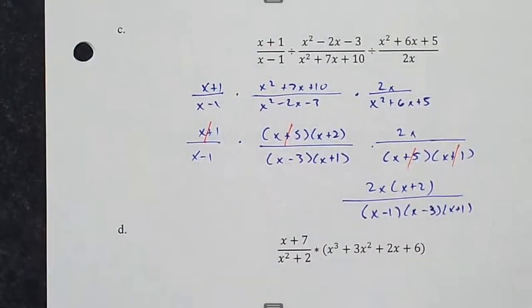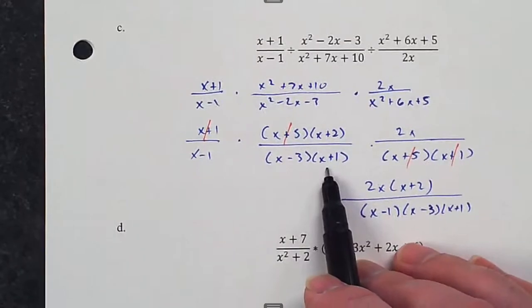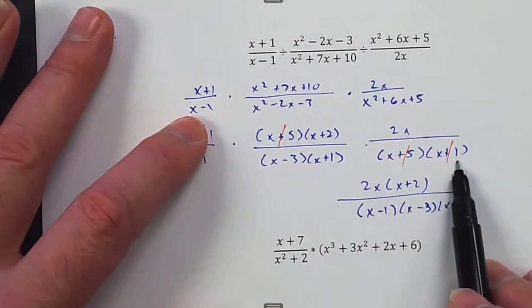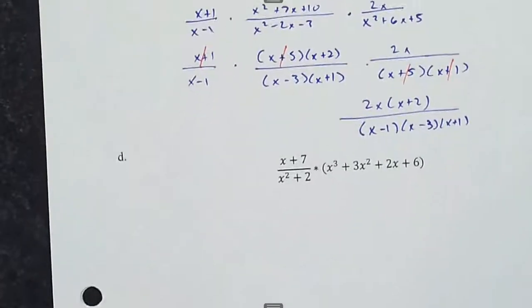Unless I messed up on my factoring, there's just a lot still left over. You can cross out this x plus 1 and that x plus 1, but you still have that one. You only get one pair to do.